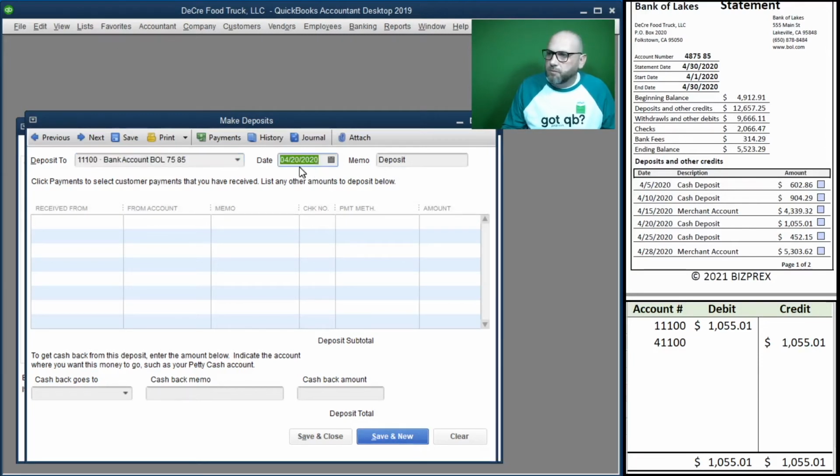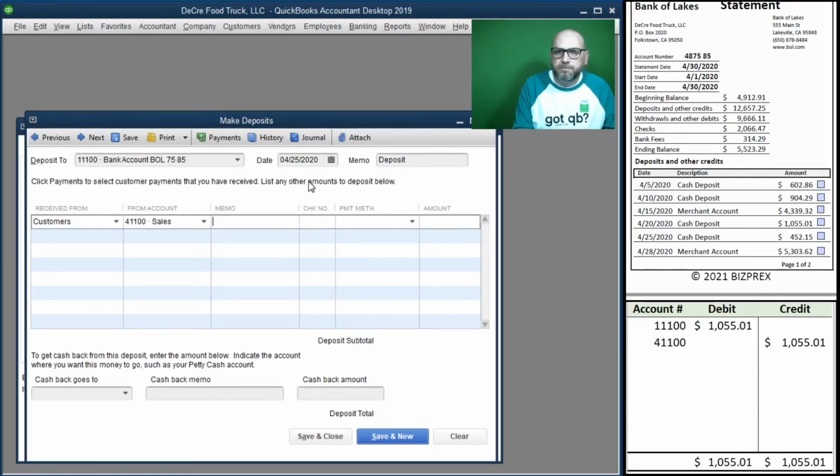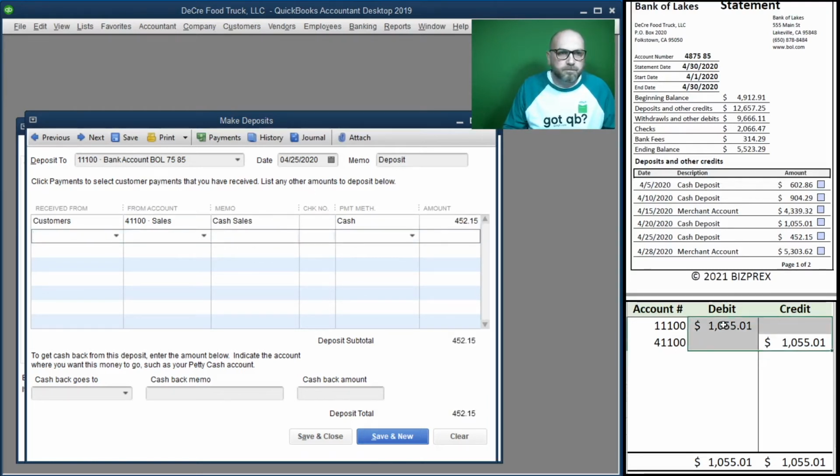Okay, we have one more cash deposit. Balance is going up.